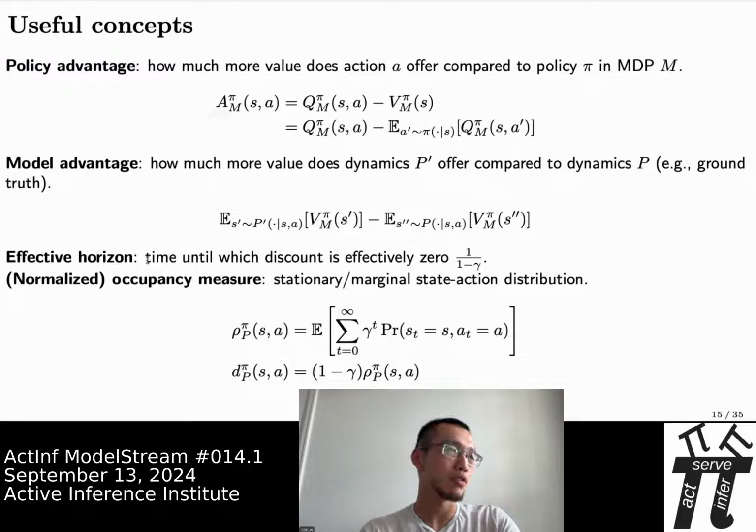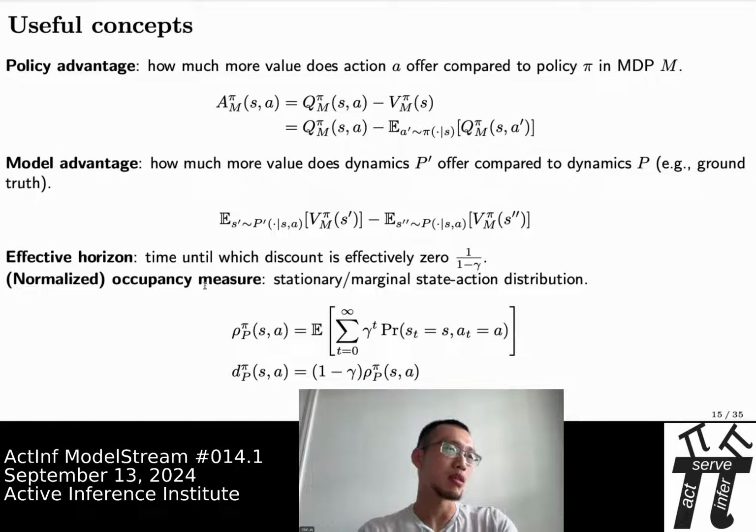Two other concepts we need to know. One is effective horizon. This is introduced as an analog of planning horizon for the infinite horizon discounted problem. It's defined as 1 over 1 minus the discount factor gamma. It's basically saying how many time steps I need to accumulate until the geometric discounting that's usually used in the RL setting is 0.